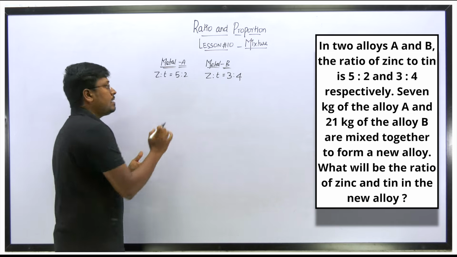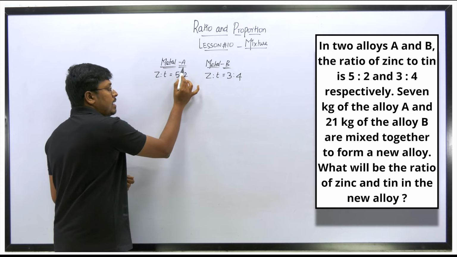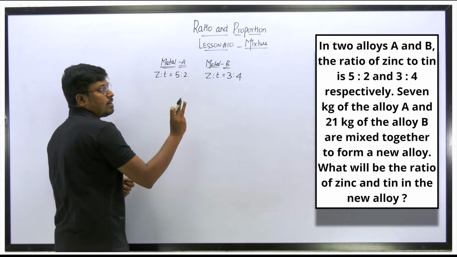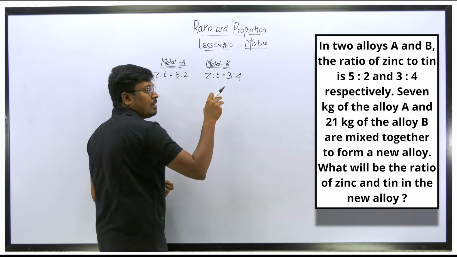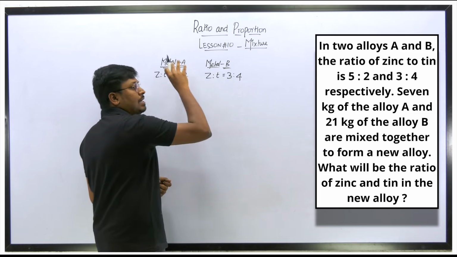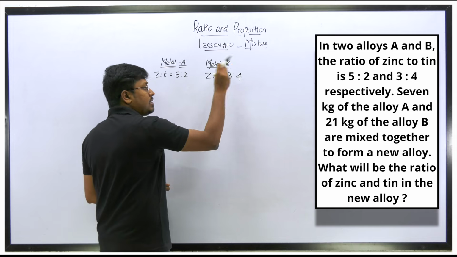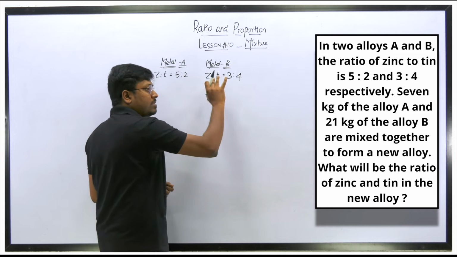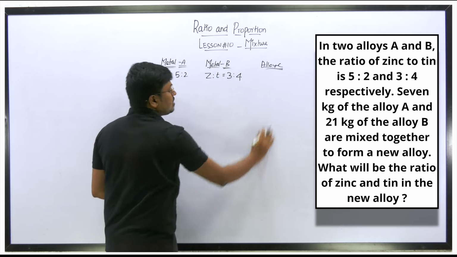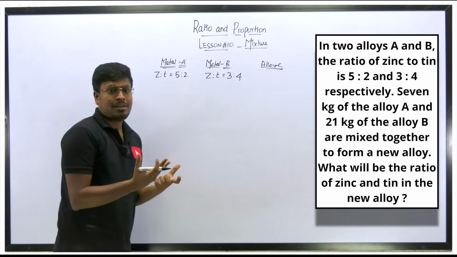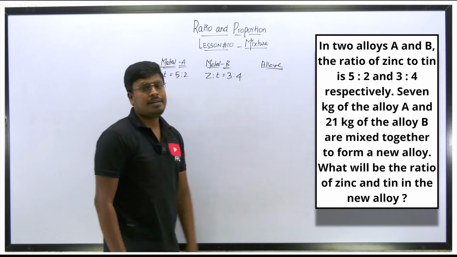Now what they are saying is, from alloy A, 7 kg has been taken, and from alloy B, 21 kg has been taken. Those 7 kg and 21 kg of zinc and tin are both mixed together to form a third alloy C. Our target is to find, in the new mixture, the zinc and tin ratio.